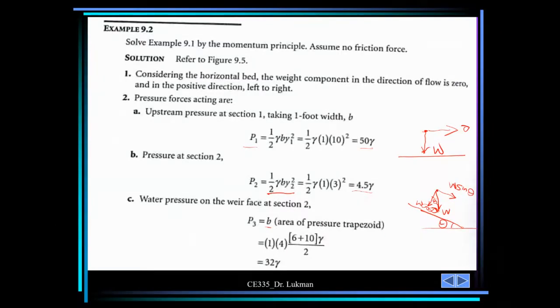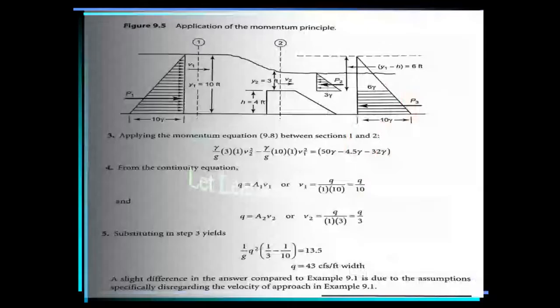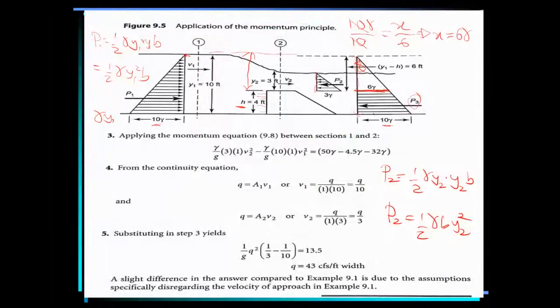The area of a trapezium is half the sum of the parallel sides times the height. So you have half the sum of the parallel sides, 6 gamma plus 10 gamma, times the height, which is 4.